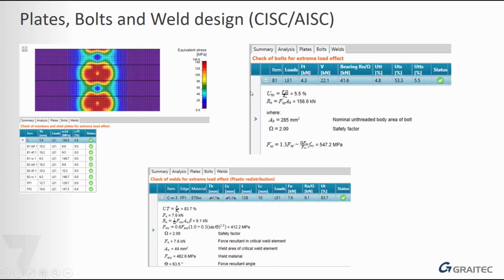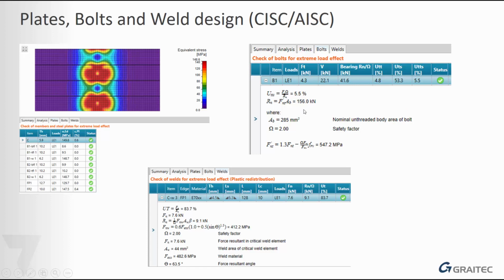And also we have the bolt results here, and as you see here, we have a report of calculation of how the bolt forces and the resistance have been calculated according to code values and code formulas.